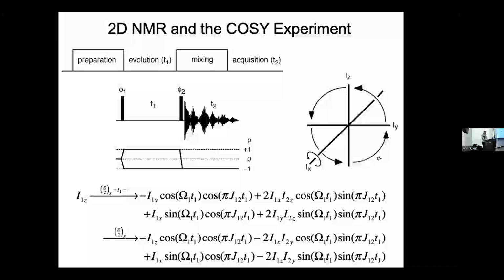Another way of seeing that, if you remember Euler's rule, e to the i theta is cosine theta plus i sine theta. So i is equal to e to the i pi over 2, and i pi over 2 is a phase shift. So whenever we have transverse signals where one is IX and the other is IY, those signals are going to be 90 degrees out of phase when we Fourier transform the data.